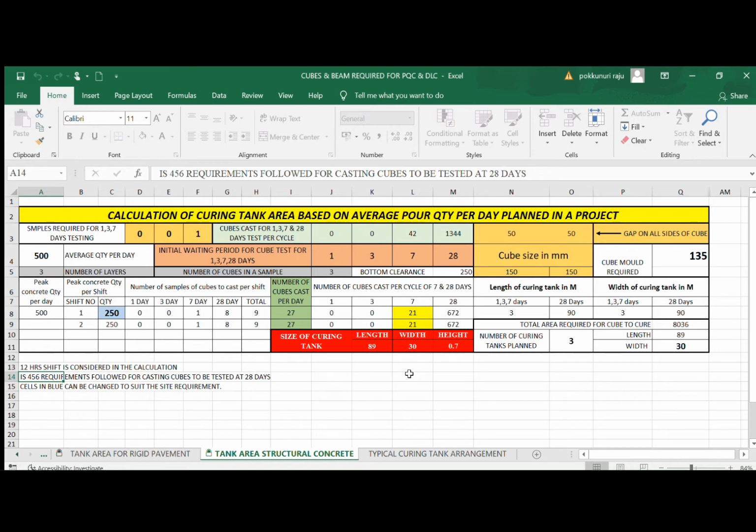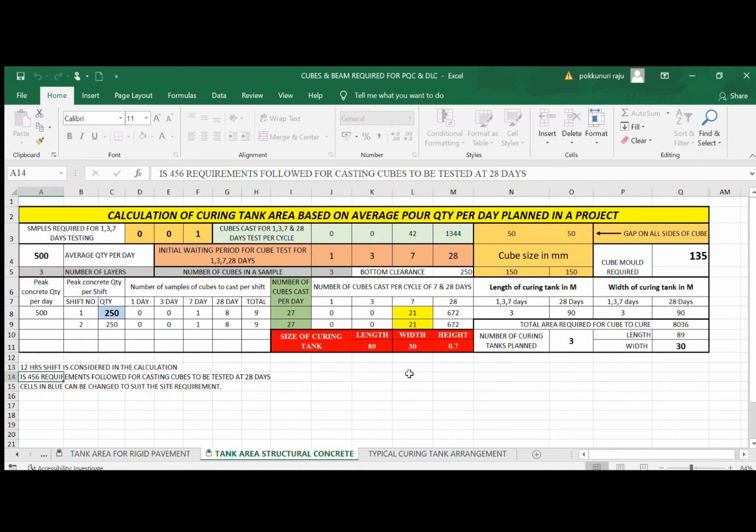So it's always better to have your curing tank under closed conditions so that the water temperature can be maintained, because as far as curing is concerned, water needs to be maintained at 27 plus or minus 2 degrees centigrade at all times during the process of curing, irrespective of whether your ambient temperature is 0 degrees or plus 45 degrees.